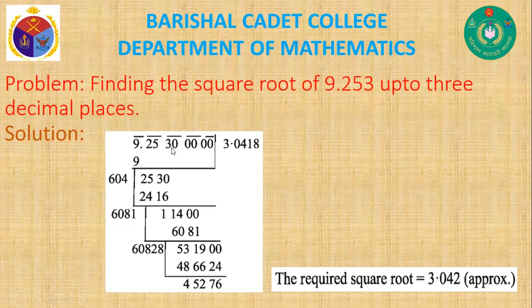Because of making pairs, I have taken 0 here. First of all, I have made the pair 2, 5, then 3, 0. Since I had to find the square root up to 3 decimal places, that's why I have made 4 pairs here.